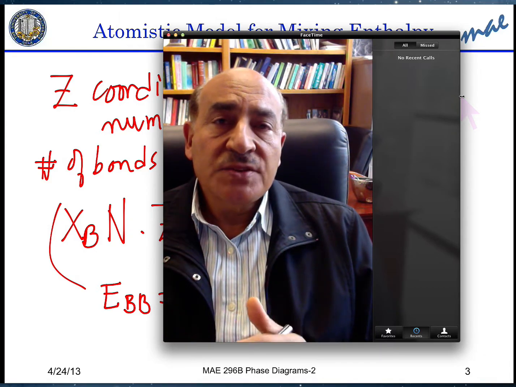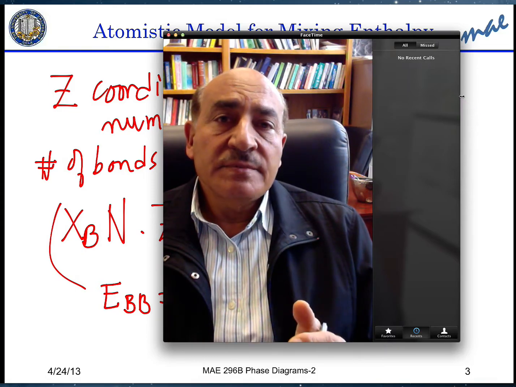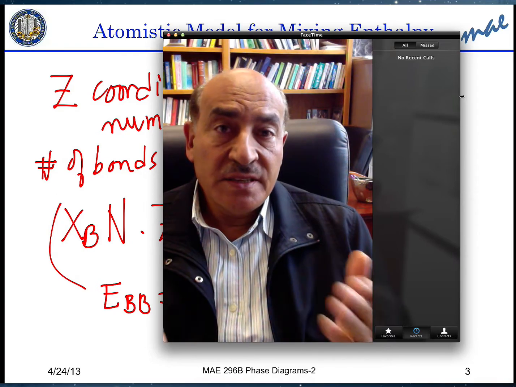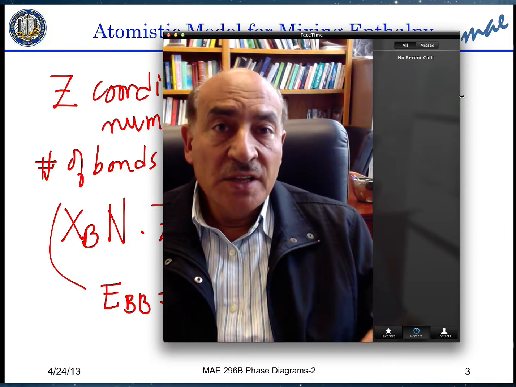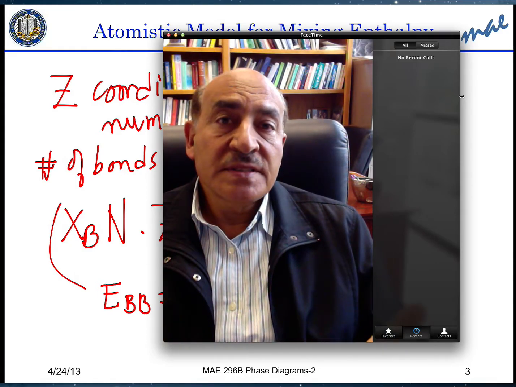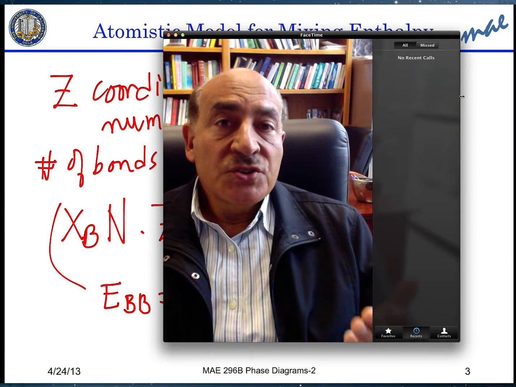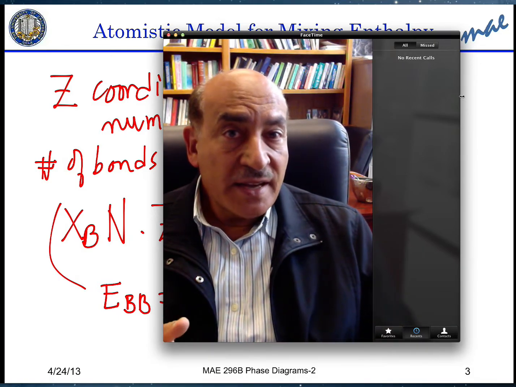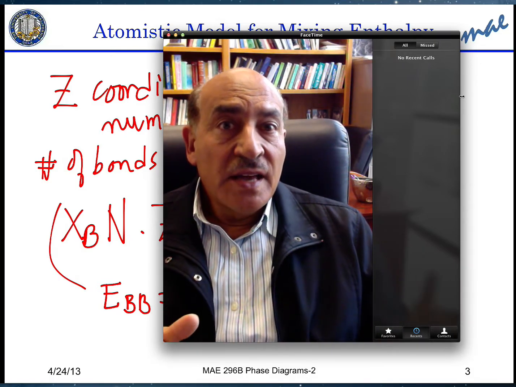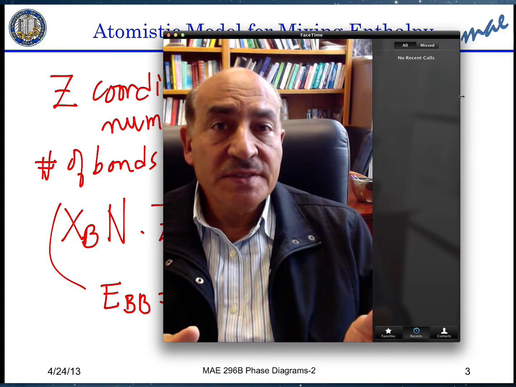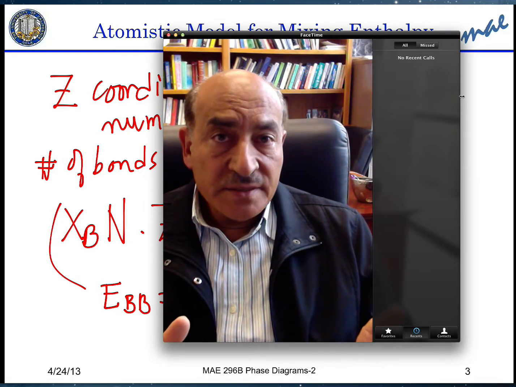The B piece we figured is X sub B times N, the total number of atoms, times Z, the coordination number, divided by 2 because you're double counting, multiplied by E_BB because that's the energy per bond. So that is what we have for the left side. We're going to add the right side similarly, and that will be the total energy content, or the enthalpy, of the system when it's unmixed.